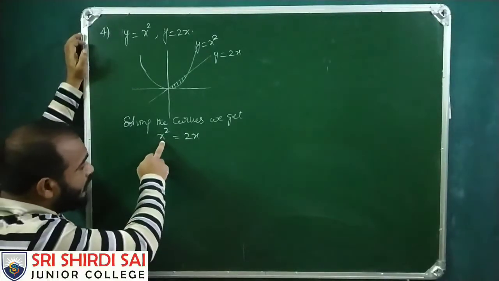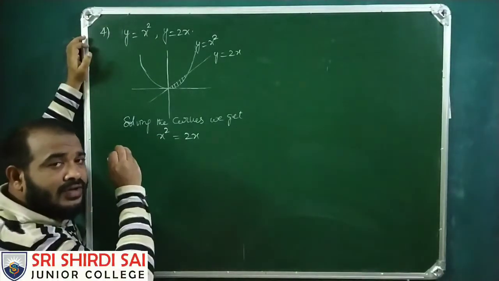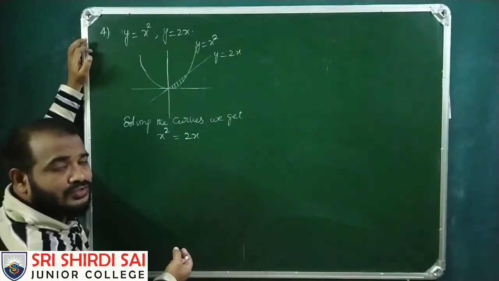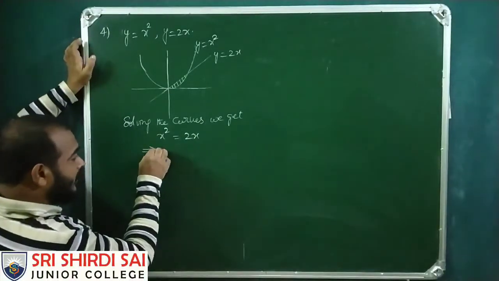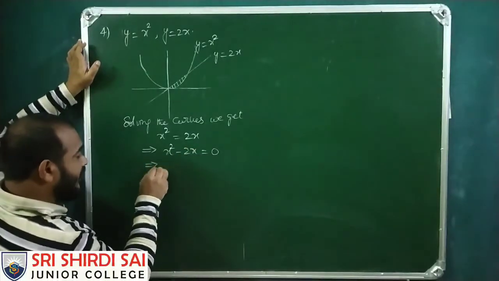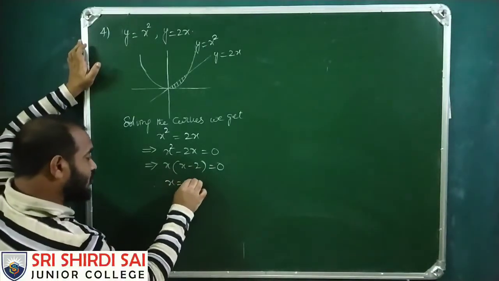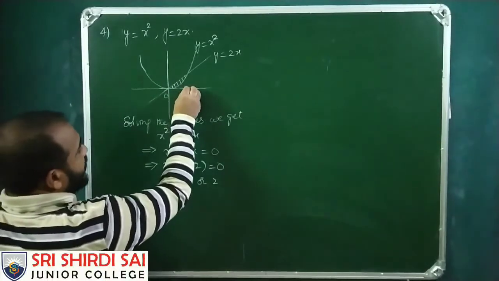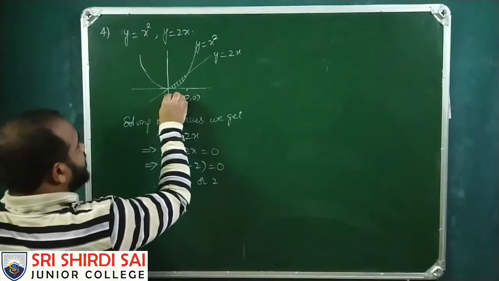Because x square is a quadratic expression, x must have two values, and if you cancel, some values would be missing. Always it is recommended, instead of cancelling, to transpose onto the other side. So take x as common, x minus 2 equals 0. Therefore, x equals 0 or x equals 2. So this is 0, 0 and this is 2, 0, at a distance of 2.